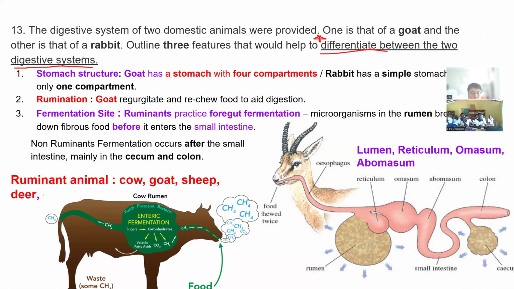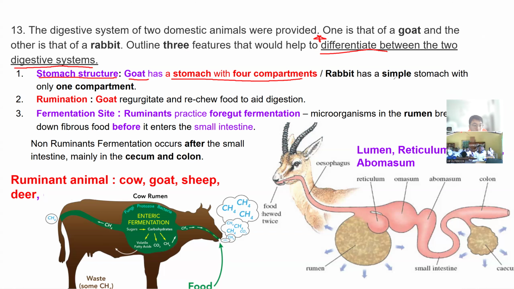So you can talk about the stomach structure, where a goat has a stomach with four compartments, while rabbits have a simple stomach with only one compartment.